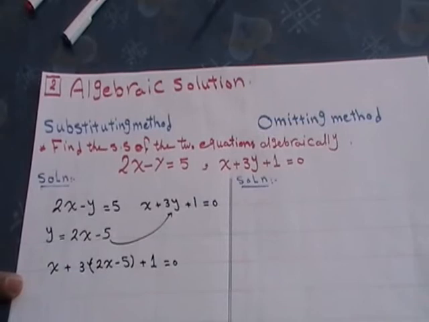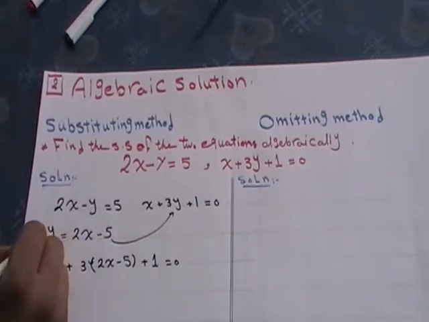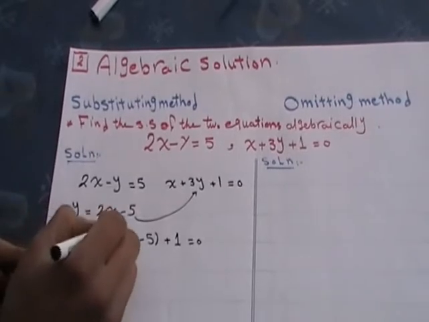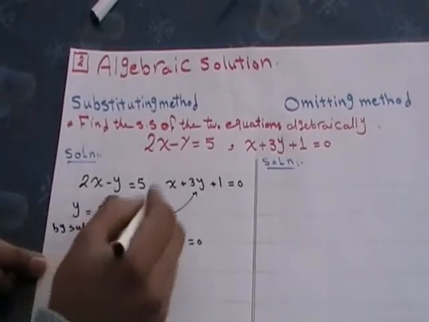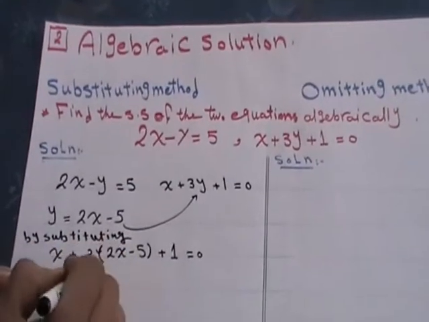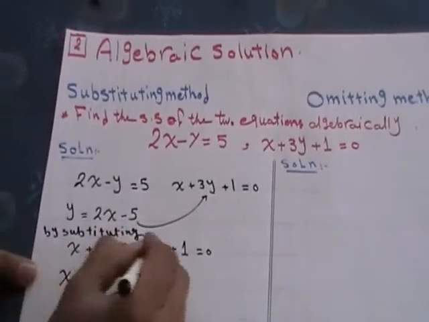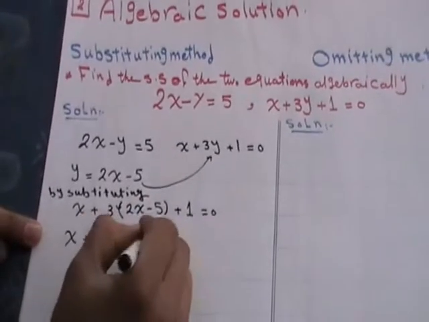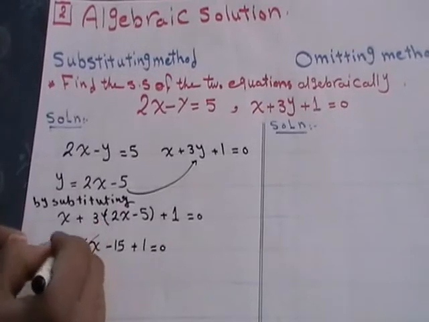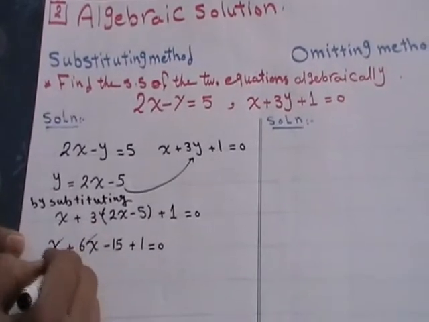How can we get this? We get this by substituting in this equation. So you will have x plus 3 times 2x equals 6x, 3 times negative 5 equals negative 15, plus 1 equals 0. I have 6x and x, which will be 7x.